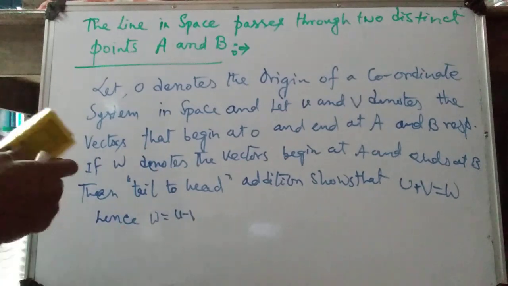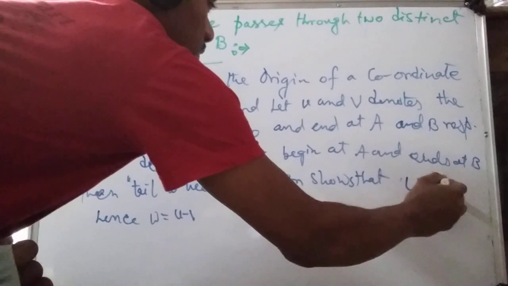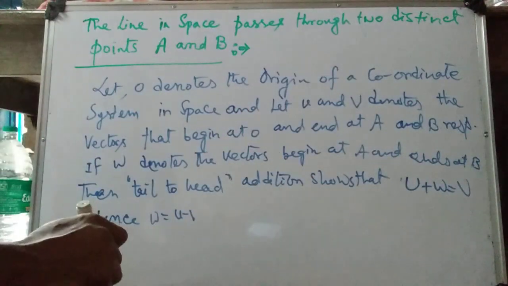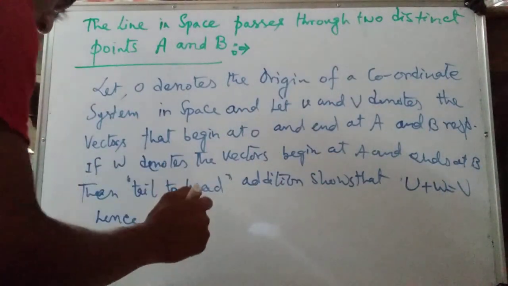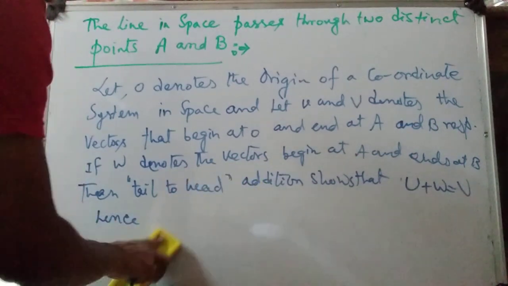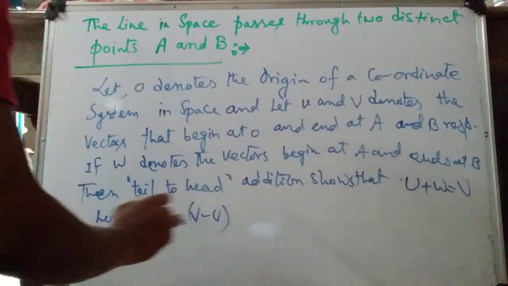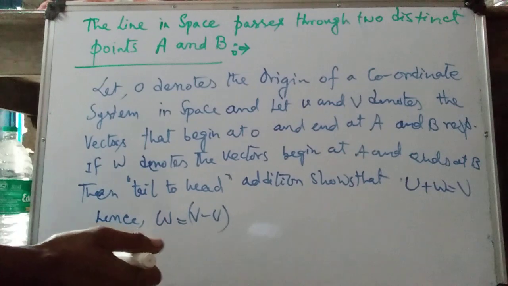Sorry, u plus w equals v, okay, hence w equals v minus u, not u minus v.